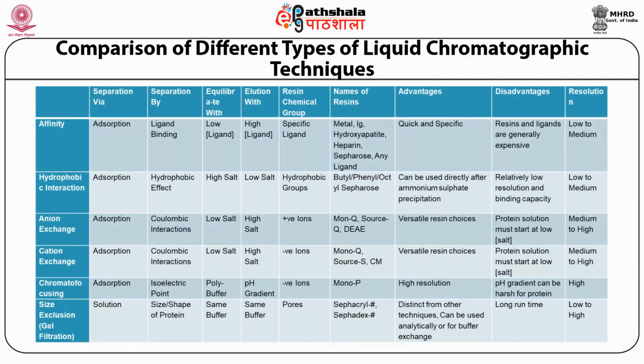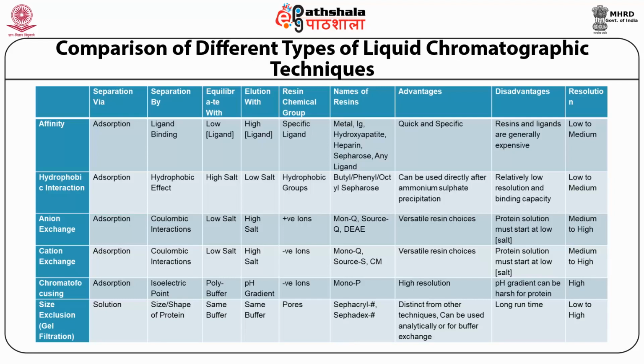This figure gives an overview of different types of chromatographies that are commonly used. We have affinity chromatography, hydrophobic interaction chromatography, anion exchange chromatography, cation exchange chromatography, chromatofocusing, and then size exclusion chromatography.